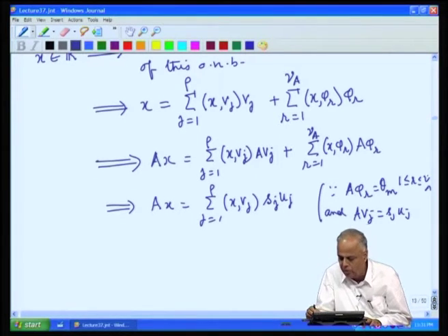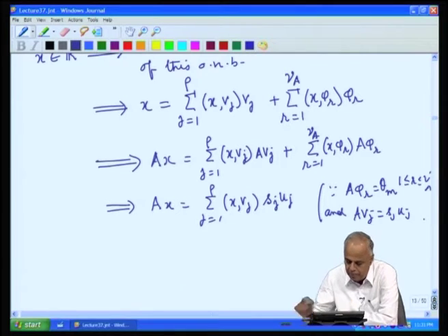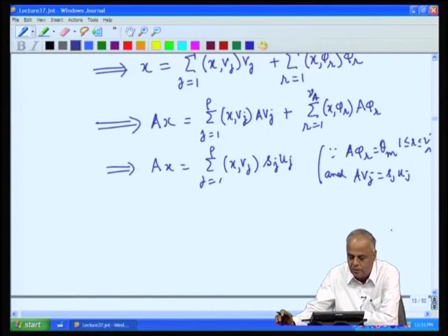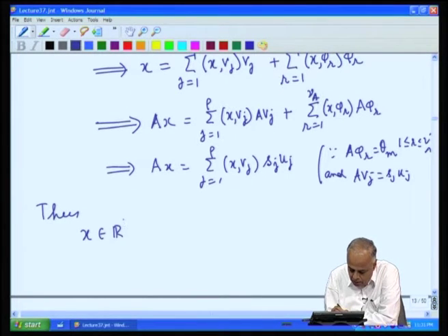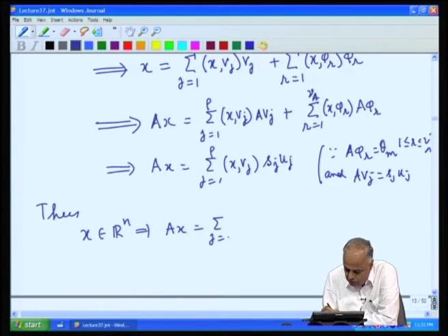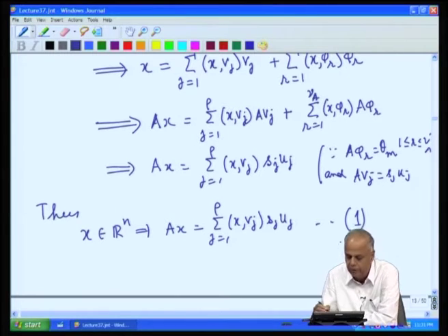These two facts we know by the choice of our basis. So, we have A x equal to S j. Thus, x belongs to R n implies A x equal to summation j equal to 1 to rho, the inner product of x and v j times S j u j. Let us call this equation 1.